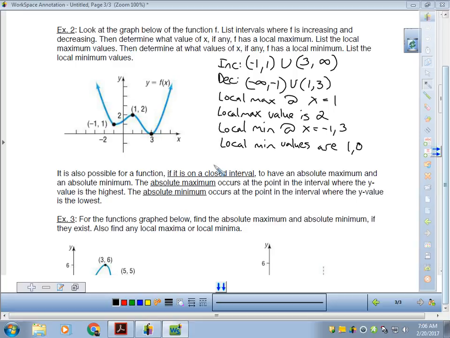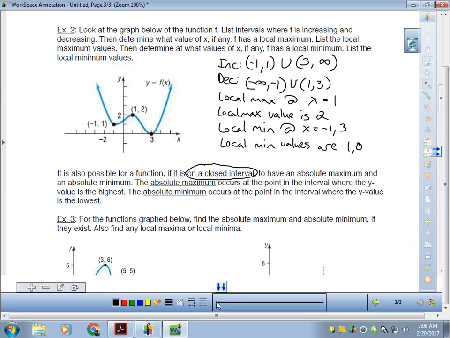And one of the things to stress right here is it has to be on a closed interval. If it is on an open interval, then you can't have an absolute max or min, because your arrows are going to go off to negative infinity and positive infinity, and so therefore you don't have a highest point or a lowest point. It just continues to increase or continues to decrease.